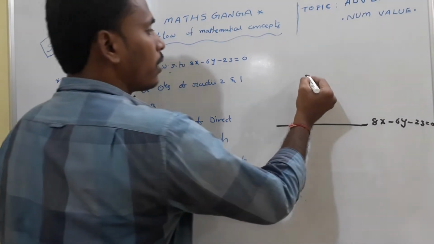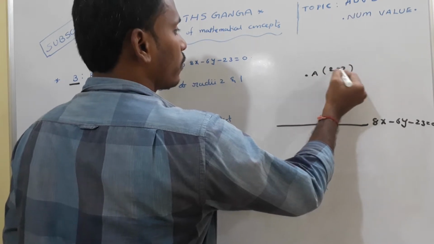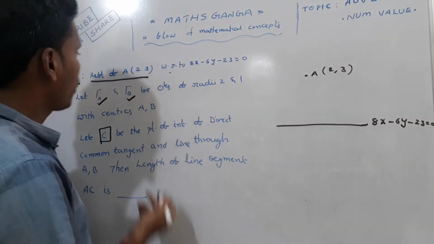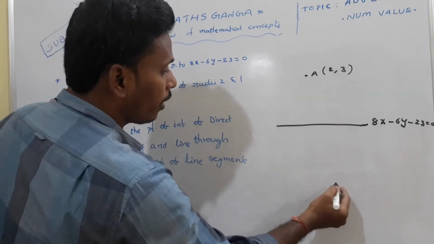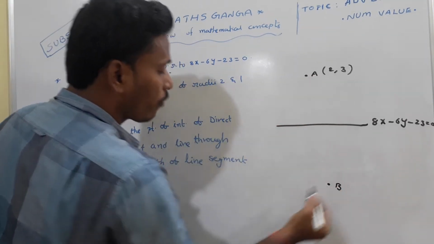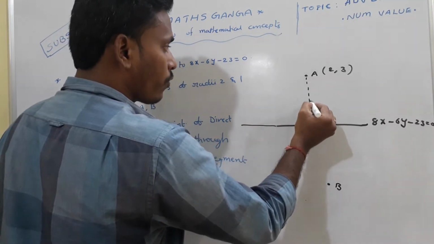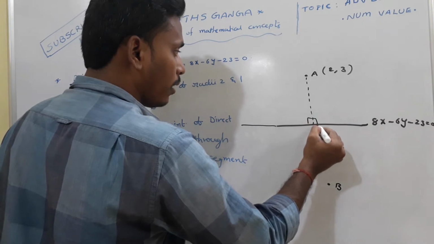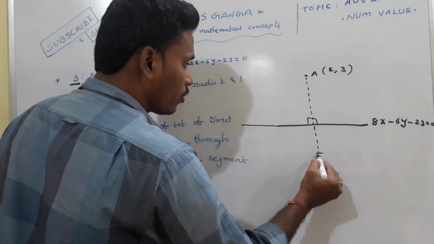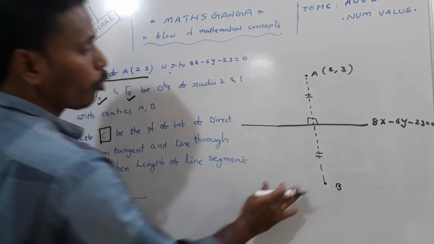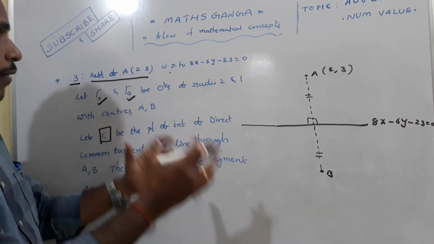Suppose this is the point A (2, 3), and then we need to locate the reflection of A with respect to the line, in the sense the image of A. Suppose this is the reflection of A. Then by the property of reflection, the distance from A to the line is equal to the distance from B to the line. These two distances are the same by the property of reflection. So I have the points here.